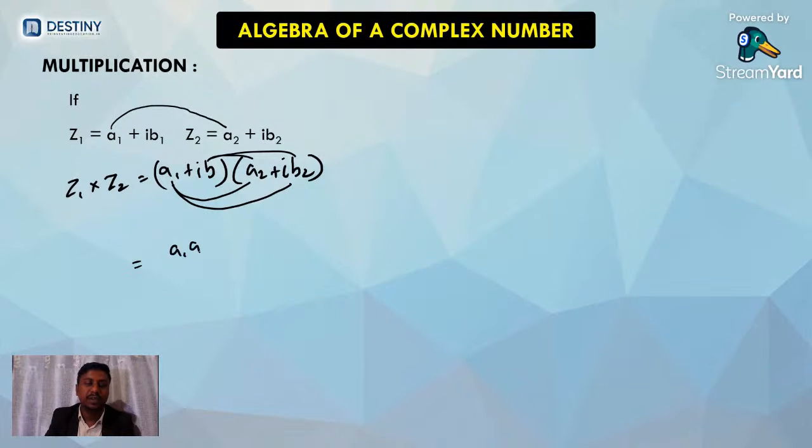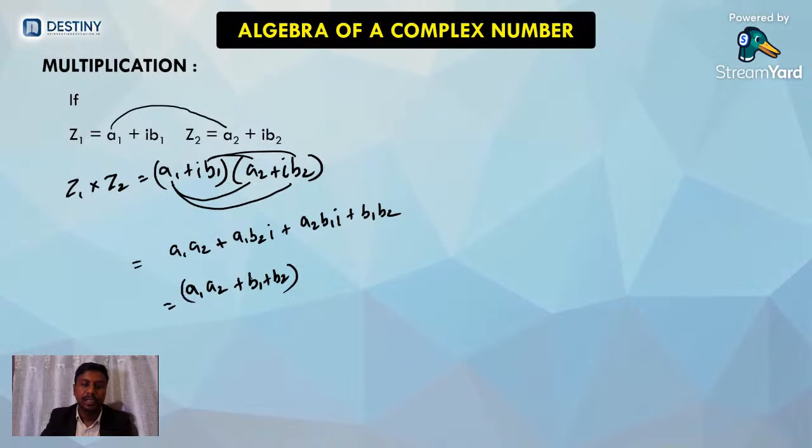So a1 a2 plus a1 b2 i plus a2 b1 i plus b1 b2. So I have to collect and segregate all the real numbers on one side, a1 a2 plus b1 b2.